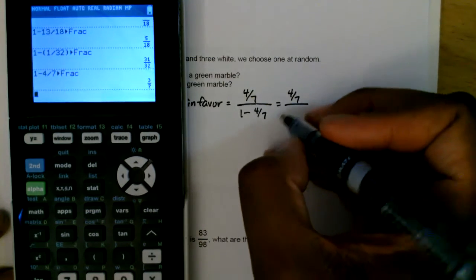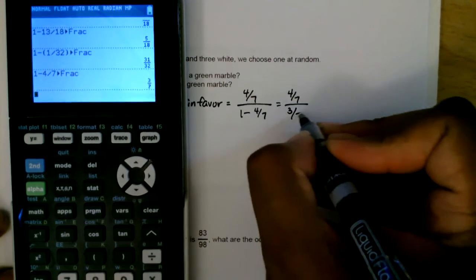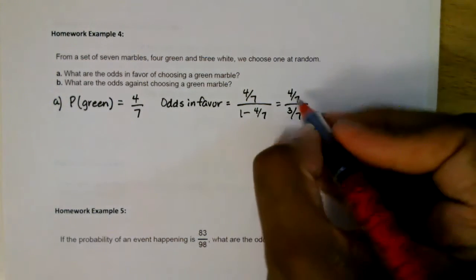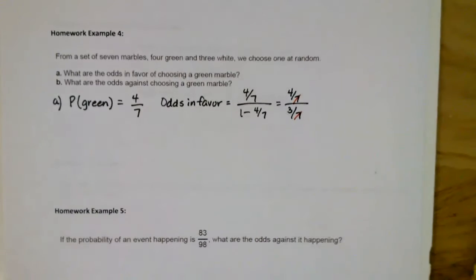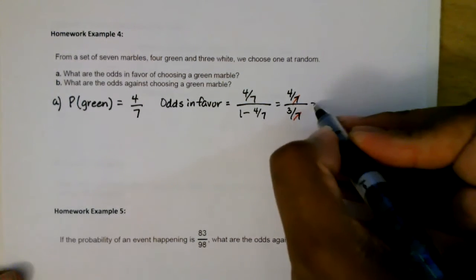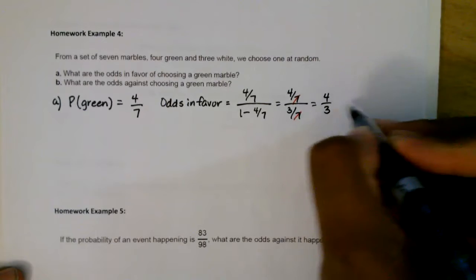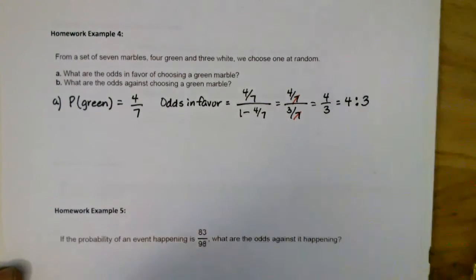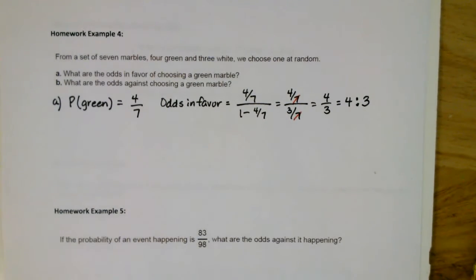That would be 3 sevenths. And what's going to happen here is that these sevenths will divide out. So I'll be left with a 4 in the numerator and a 3 in the denominator. So this will be 4 for 3, but we write that like this, 4 to 3. So the odds in favor of choosing a green marble would be 4 to 3.